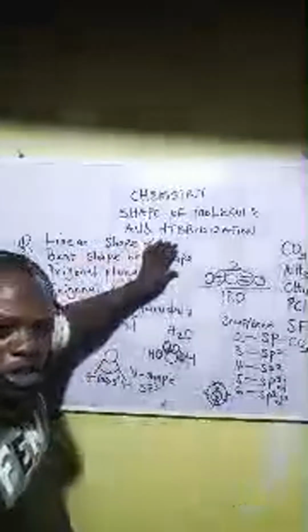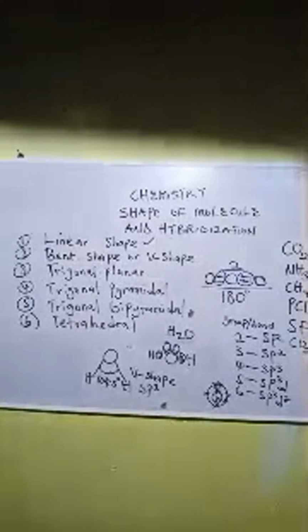It is sp3 hybridization. So the shape of water is bent, or you call it V shape, and it has sp3 hybridization. Do you understand? Are you following? Can we proceed to the next one?